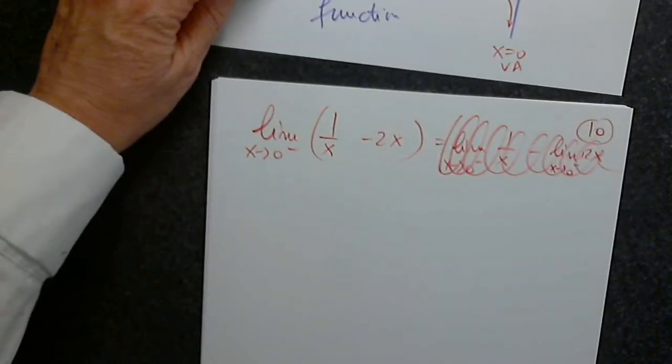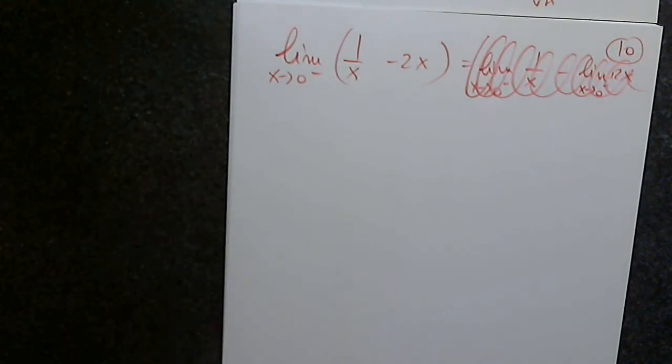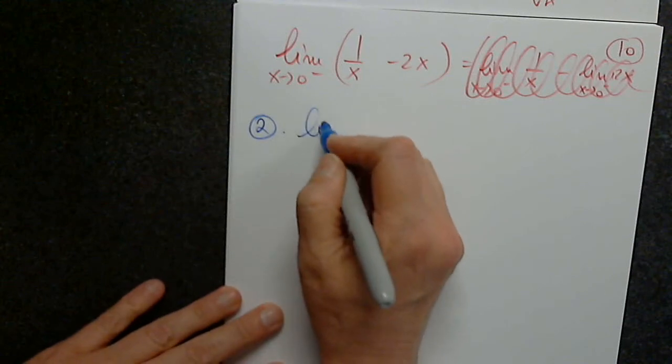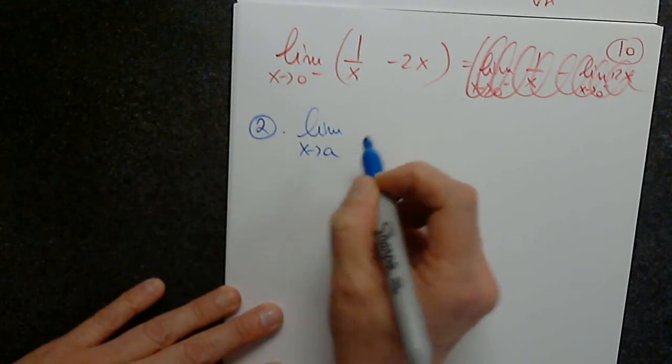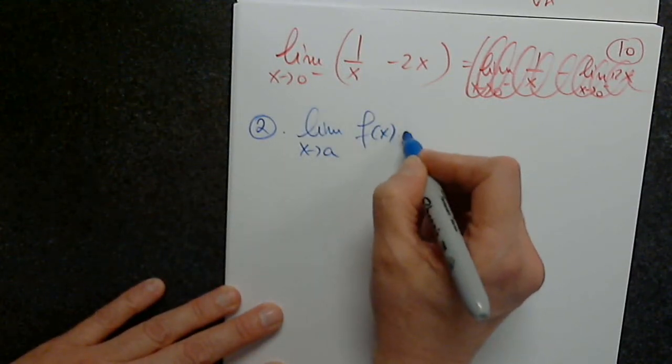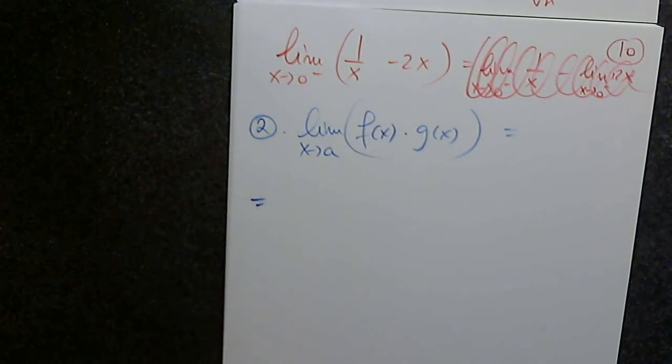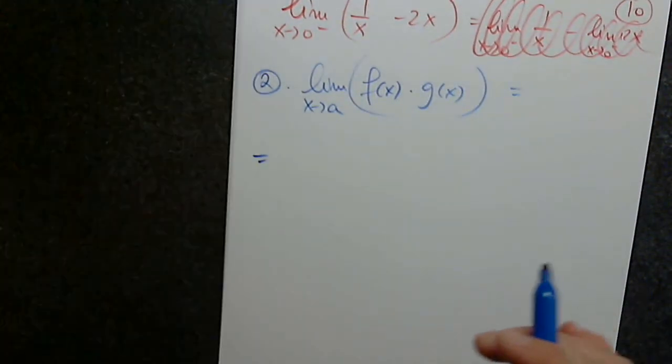Next one. So this should be number 3, but I'm going to make it into number 2. The limit as x approaches a of f of x times g of x. Assuming the assumptions are fulfilled, what do you think this will equal to?